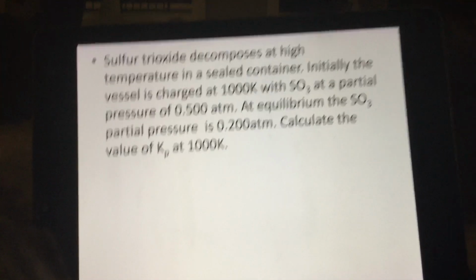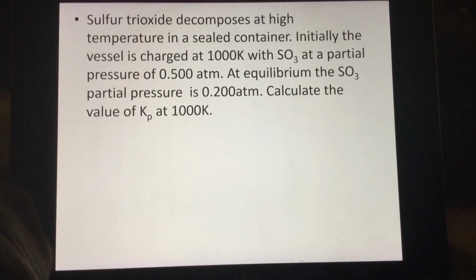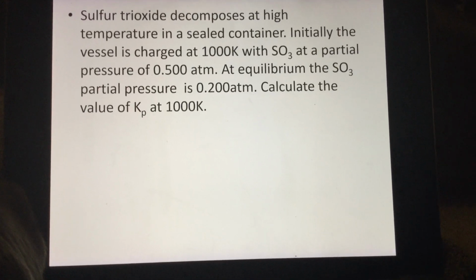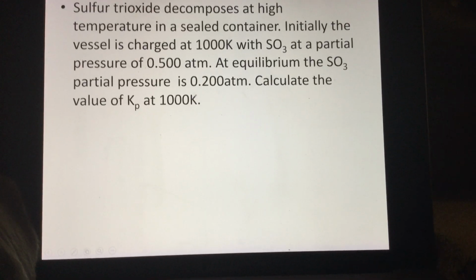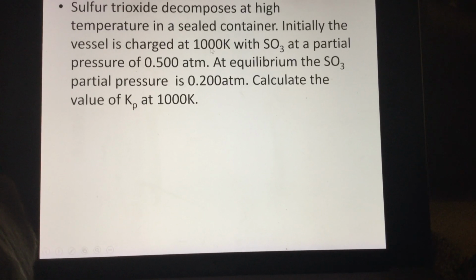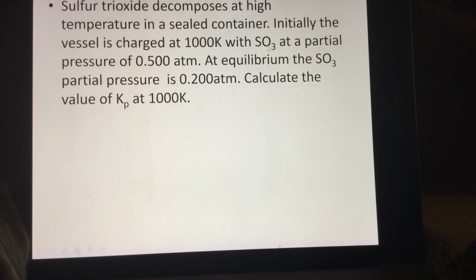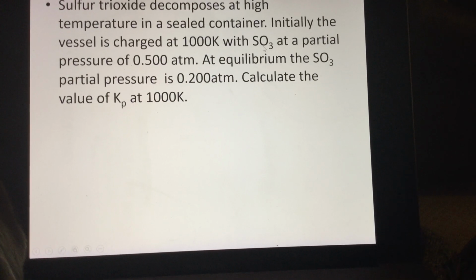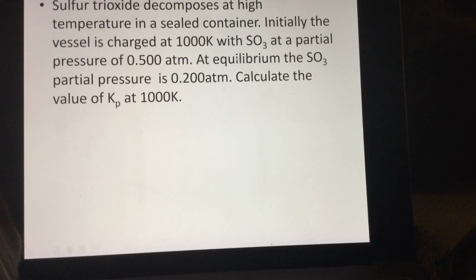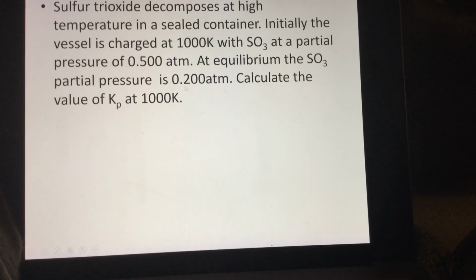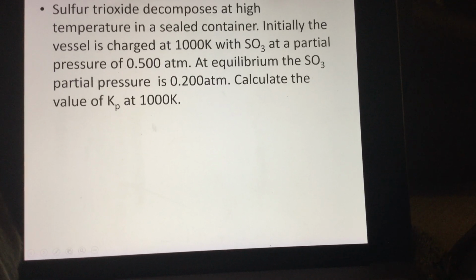All right, so here's our first reaction or problem. We have sulfur trioxide decomposing, and we're not changing the pressure or the temperature, so we're not really worried about that. It's telling us that the sulfur trioxide has a partial pressure of 0.5 atmospheres, and then at equilibrium, it only has a partial pressure of 0.2 atmospheres.